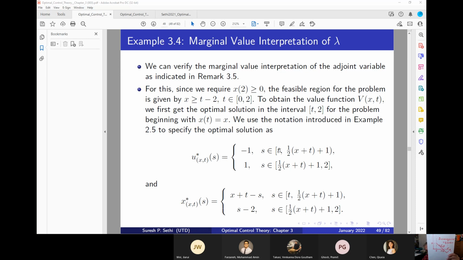So -1 goes from t to this point, which is S star. And after that, from S star to 2, the control is +1.